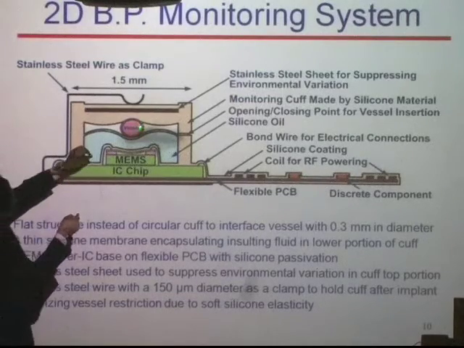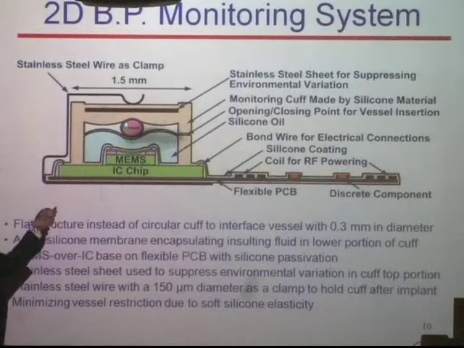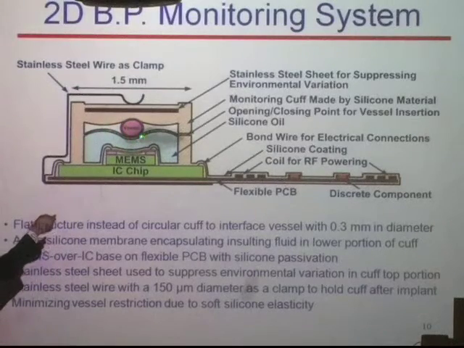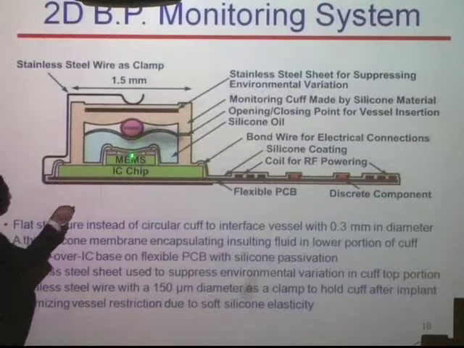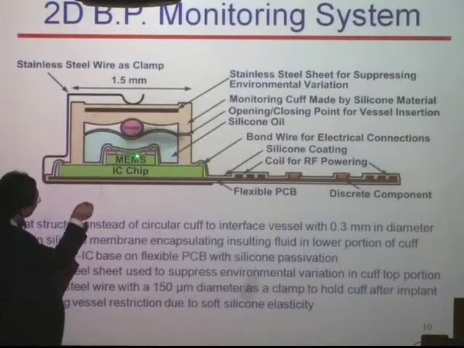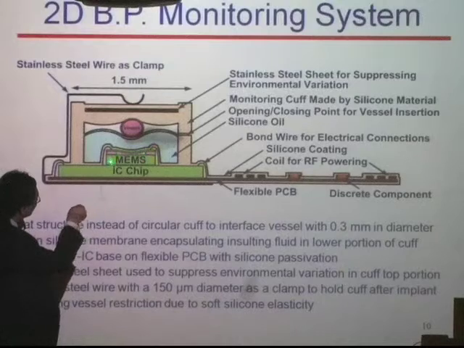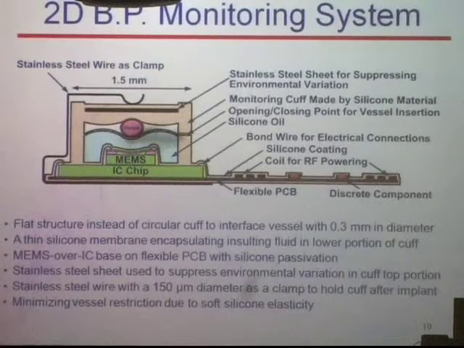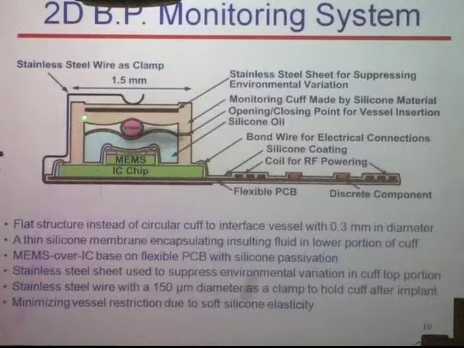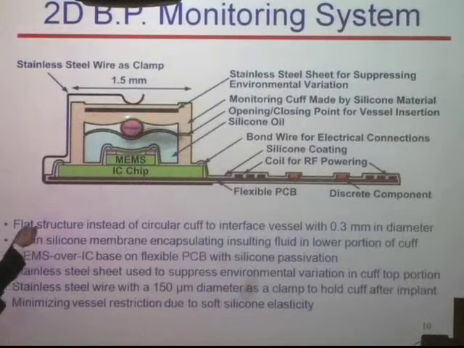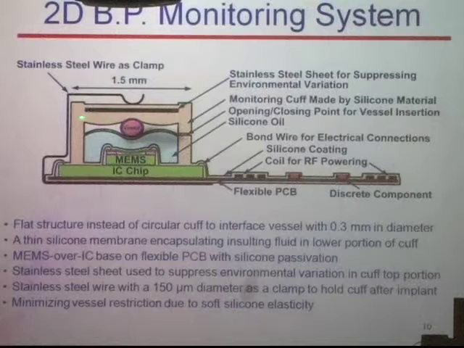And as the vessel expands and contracts, it couples the pressure from this thin membrane, which you can call a sensing membrane or coupling membrane, through the fluid to the silicon membrane on this MEMS sensor. Now on top, we have another structure that covers this vessel, and inside the top flat structure, we use a stainless sheet.